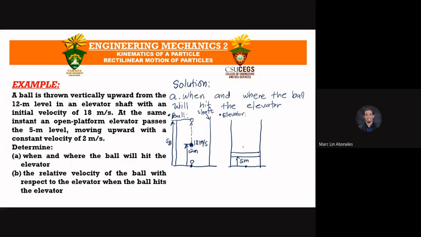So that is 5 meters. And the velocity, which is constant, that is 2 meters per second. And as it goes upward, kung asa mag-meet siya with the ball, mao na ang final position sa open platform elevator, which we will denote as SE.